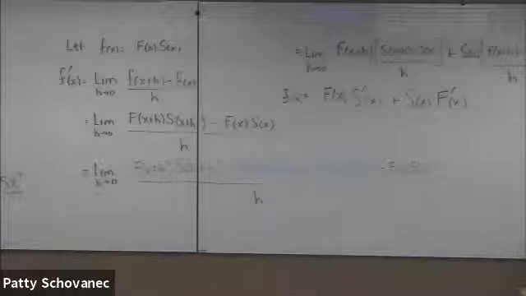Let's try it with the x squared and the x cubed. So there's my first, there's my second. And so the derivative will look like x squared times the derivative of x cubed, which is 3x squared. Then the other way.